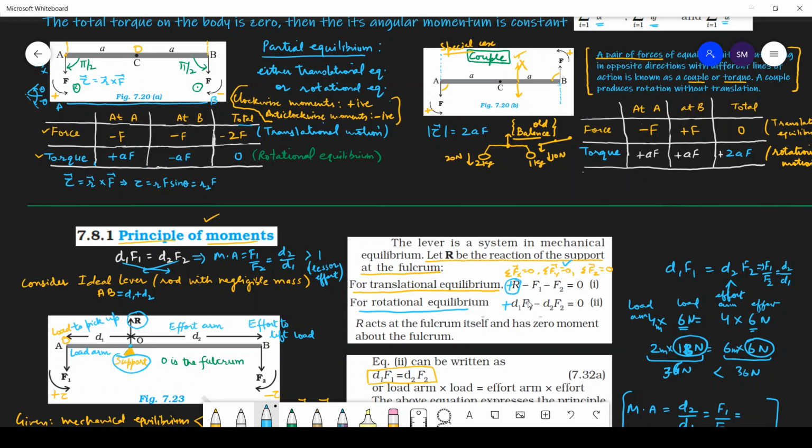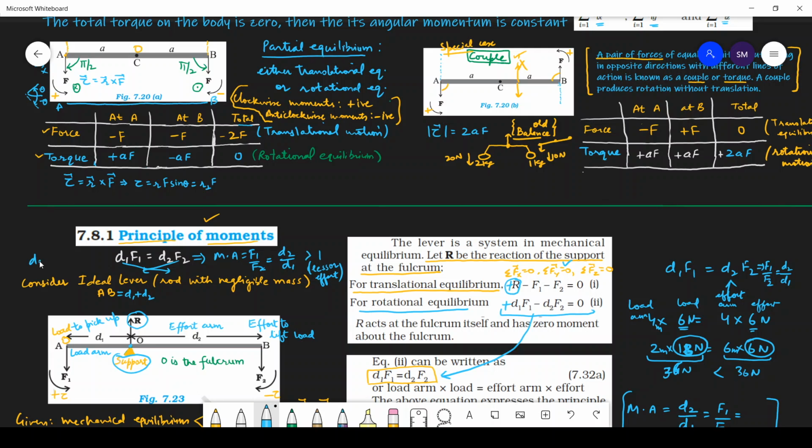And here also it was plus AF minus AF. So plus D1 F1 and minus D2 F2, because there is rotational equilibrium. As a result, what do we get? We get D1 F1 is equal to D2 F2. So this is the relation we have derived.